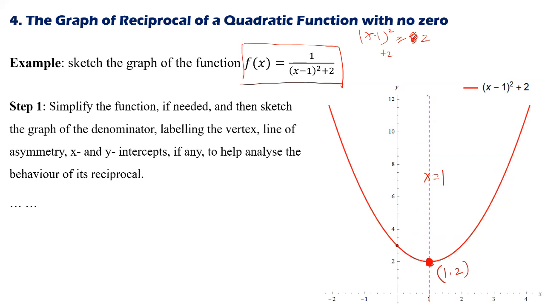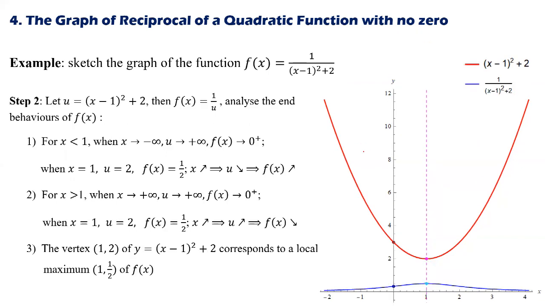And again, by analyzing its end behavior on the left branch and the right branch, you can find the graph of its reciprocal, right? So first of all, when x is less than 1, we can analyze when x approaches negative infinity.